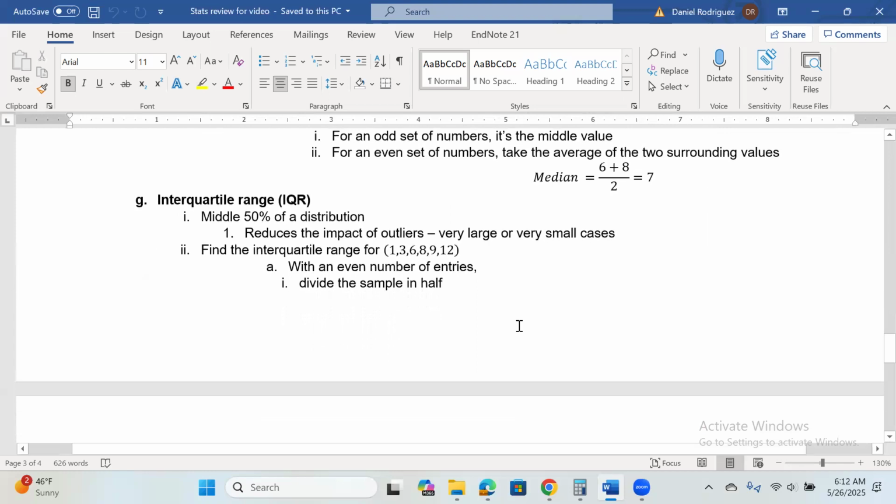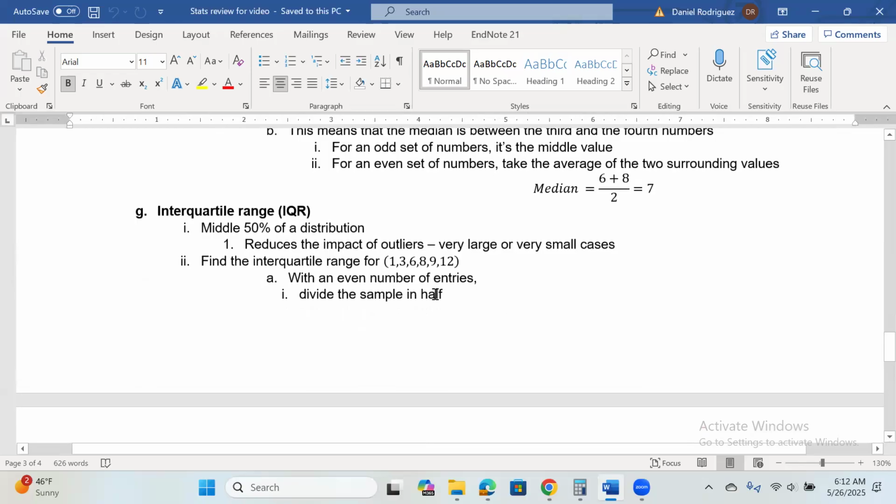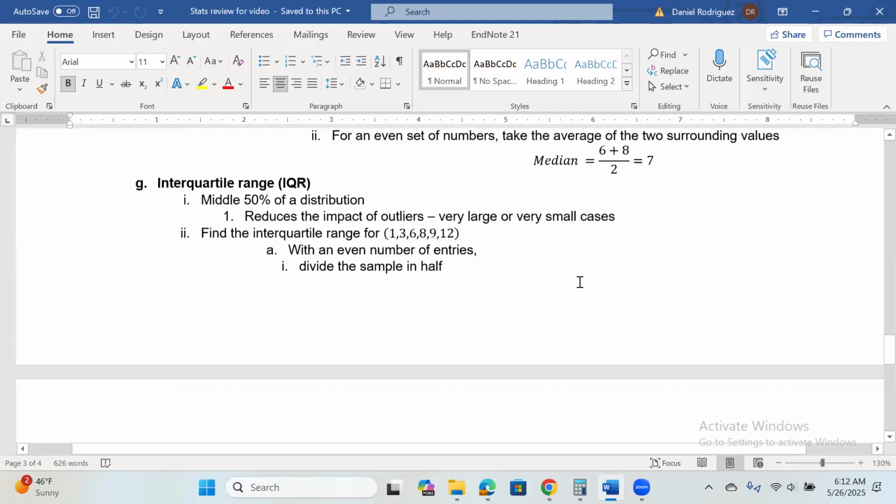We often report the interquartile range. That's the middle 50% of a distribution. It's a measure of spread in lieu of, or in conjunction with, a variance. One reason we do that is because it eliminates the impact of outliers. Outliers are extreme cases. Sometimes you get extreme cases because there are extremes in everything.